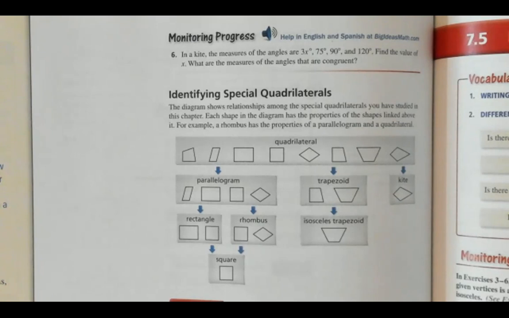So x equals 25. And if you were to draw that kite, let me get some paper. If you were to draw that kite, your biggest angle, which would be on the top of the kite, would be 120 degrees. 90 would be the one there on the bottom, and 75 would be your two across from each other that are equal.